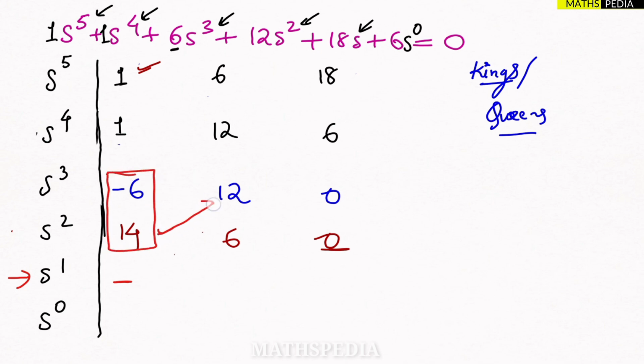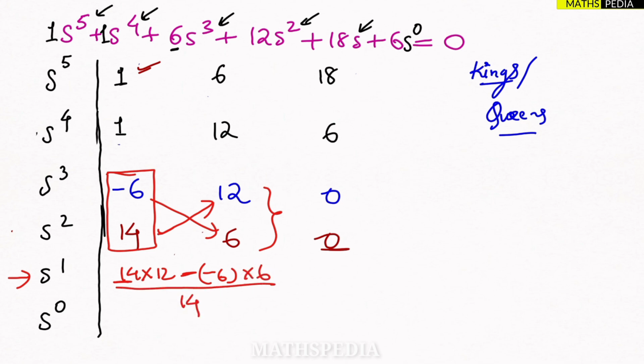Again the same thing, bottom king into the top one, which is 14 into 12, because corresponding elements are these two, minus 6 into minus 6 has come. So minus 6 into 6 divided by the bottom king, which is 14. How much will it be? 168. So it will be 168 minus, now this minus into minus is plus, so plus 36 divided by 14.